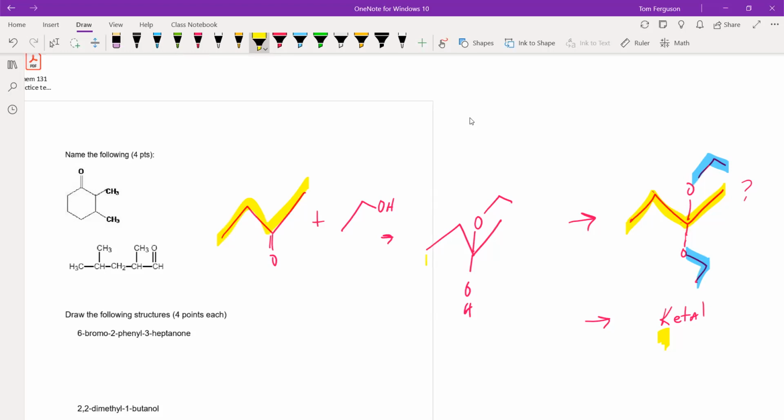So we have the backbone there. And then we have the alcohol here. Now we're going to add another alcohol. So this would be the ketone to start with.